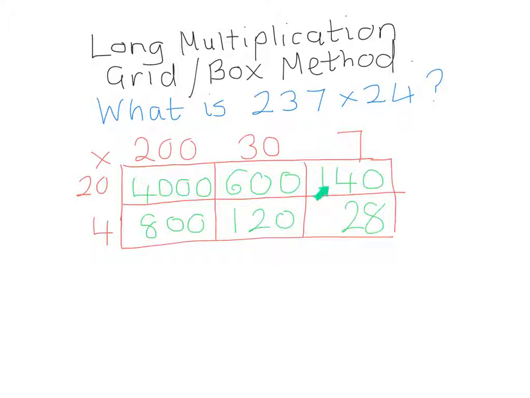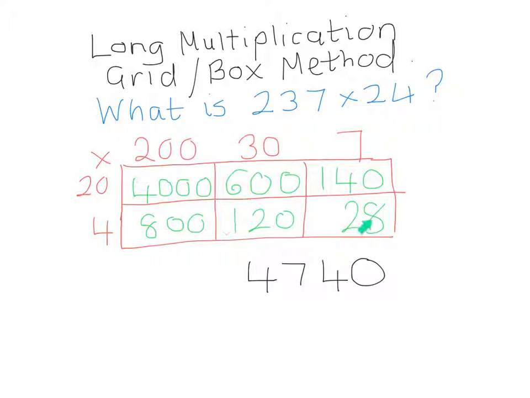And with another 140, together they make 4740. So I'm going to write that here, 4740. That is those added together.